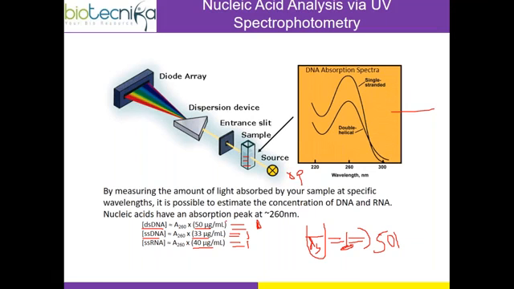Understood? Same way, single stranded DNA, if the OD is 1, the concentration is 33 microgram. The single stranded RNA, the OD is 40 microgram. Clear?